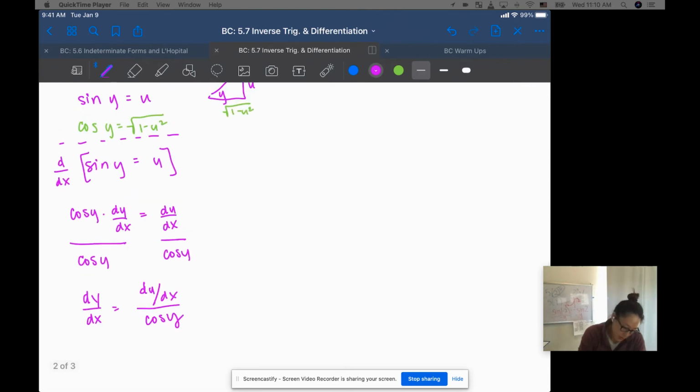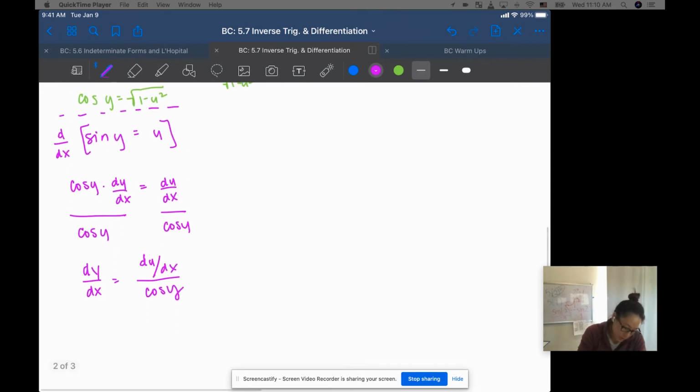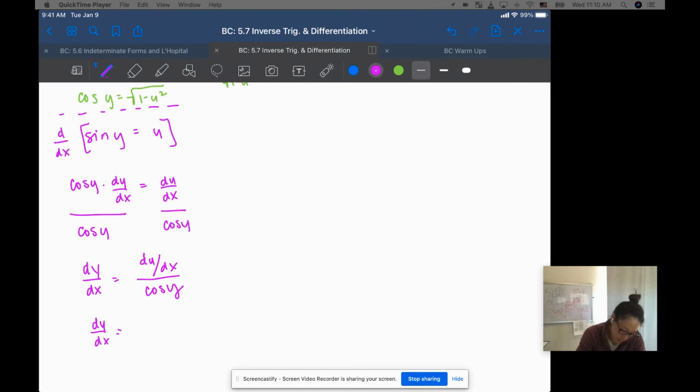Oh yeah, remember cosine y is just the square root of 1 minus u squared. So dy dx is equal to du over dx over the square root of 1 minus u squared, or 1 over the square root of 1 minus u squared times du dx. So same. You can split the fraction like that.